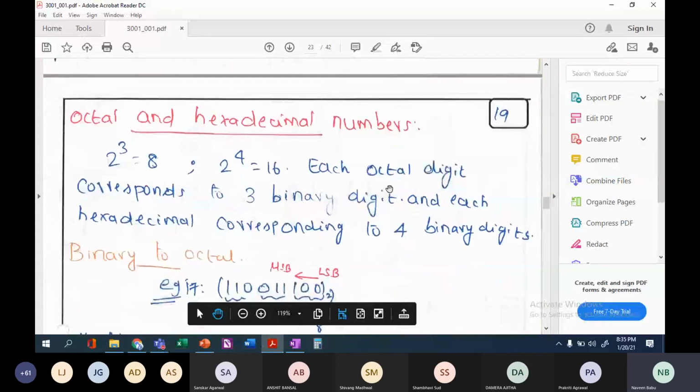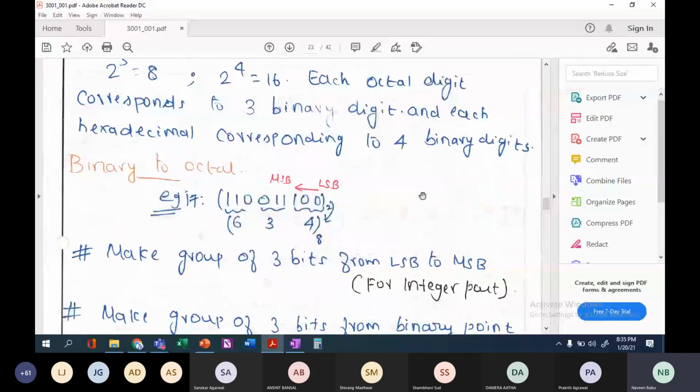And we saw the octal to binary to octal number system. In fact, they are slightly simpler in the sense all you need to do is separate them into different groups. So here you need to separate into groups of three. Why group of three? Because in case of a binary number system, 2 power 3 is 8.